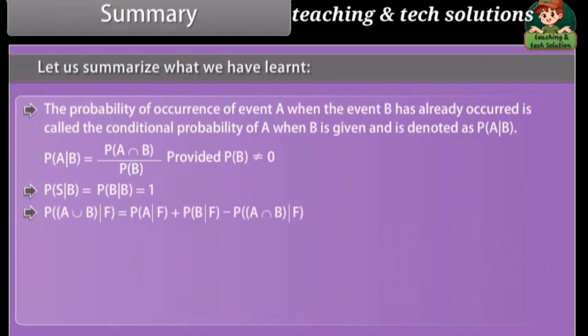Probability of A union B when F is given equals probability of A when F is given plus probability of B when F is given minus probability of A intersection B when F is given. Probability of A dash when B is given is equal to 1 minus probability of A when B is given.